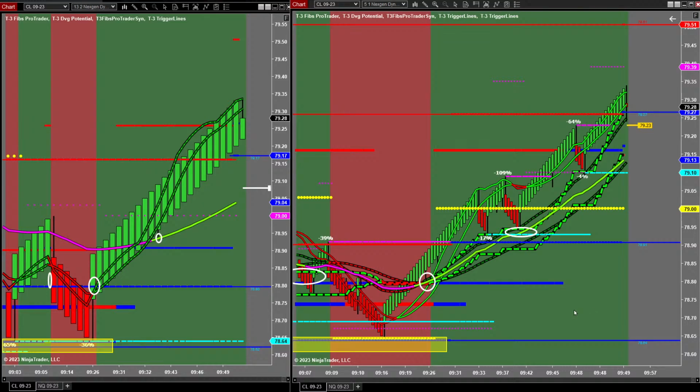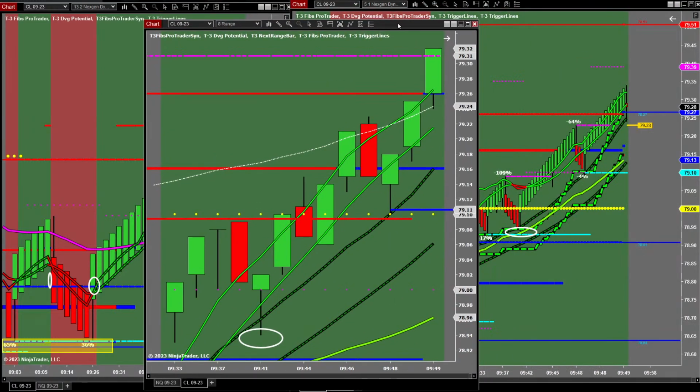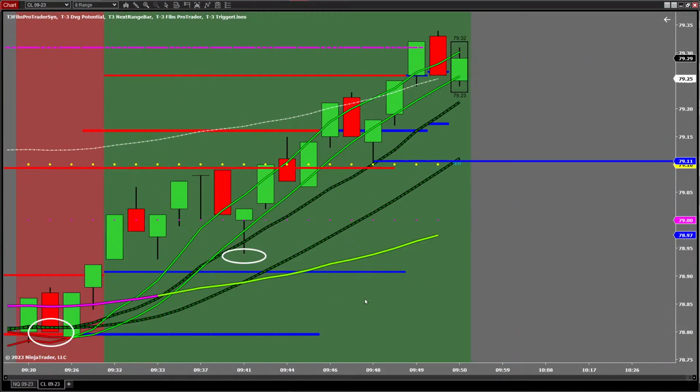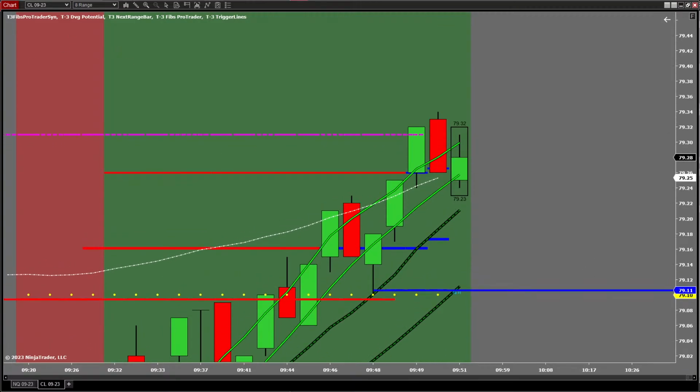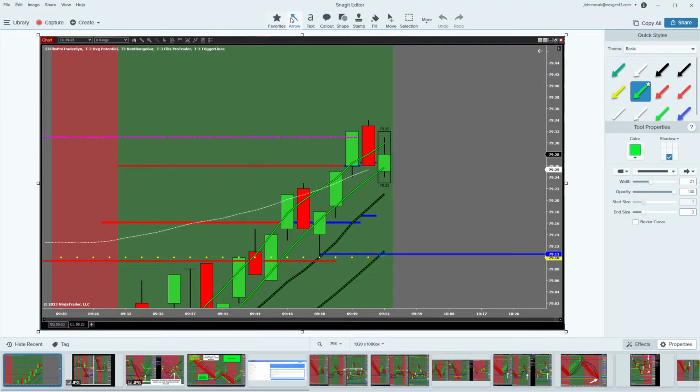What's the difference between a range and a Renko? That's a great question. So the range bar chart, every bar is 8 ticks. So this is an 8 range bar. I'll take a picture just so I can freeze it, okay? So Rakesh, look, 8 range means that from the high of the bar to the low of the bar, it's always 8 ticks.